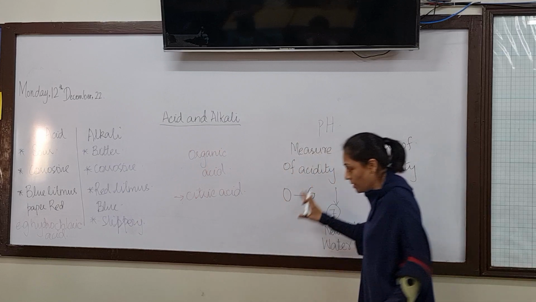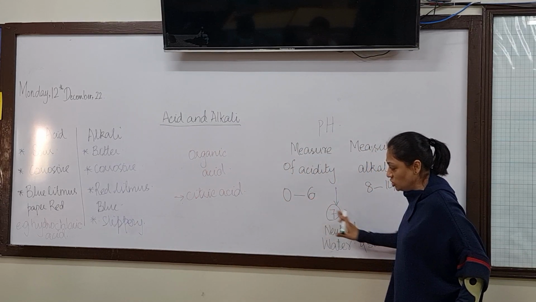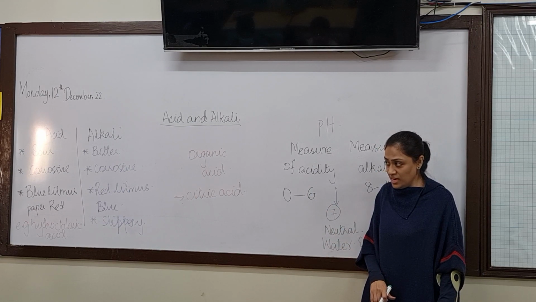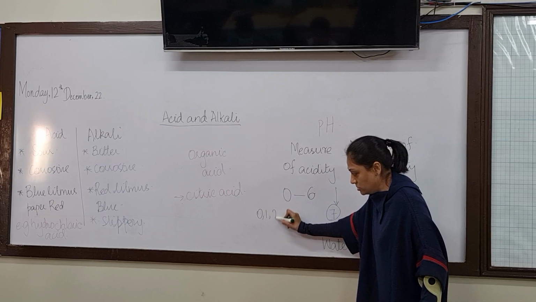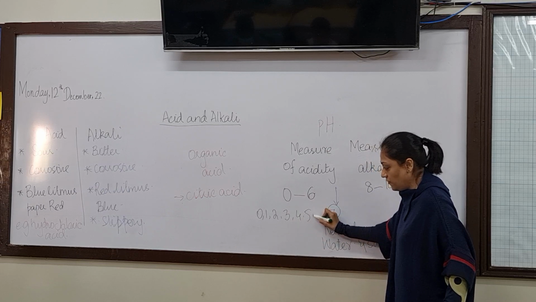उससे ये नहीं पता चलता कि उसका pH क्या होगा. Remember one thing, that all the acids that are near to the neutral number, they are considered as the weak acids. Do you know that? And the numbers, for example, if I say that the range is 0, 1, 2, 3, 4, 5 and 6.